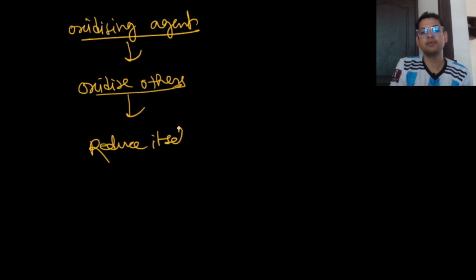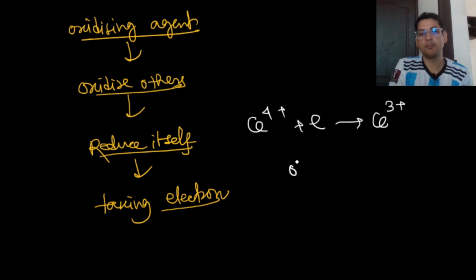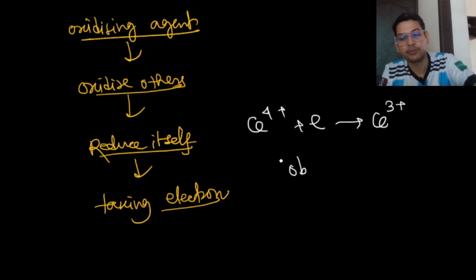If it oxidizes others, that means it will reduce itself. Sir, if it reduces itself, it is taking electrons. So now you tell me, you are having cerium 4+. Will it take an electron to go to cerium 3+? The answer is obviously it will go.